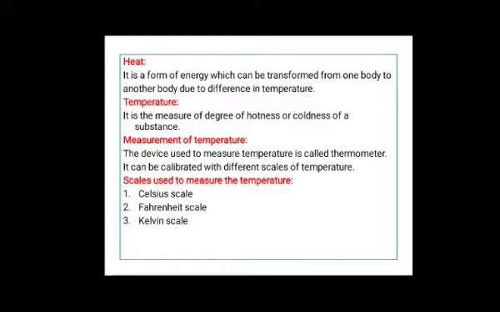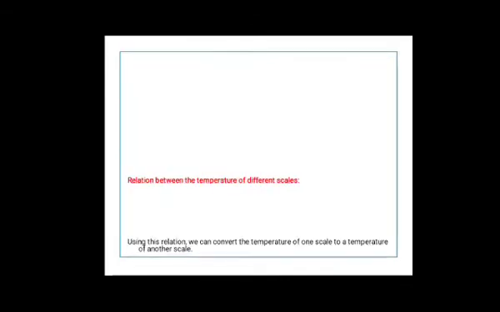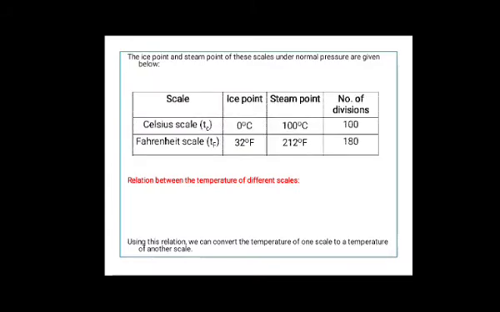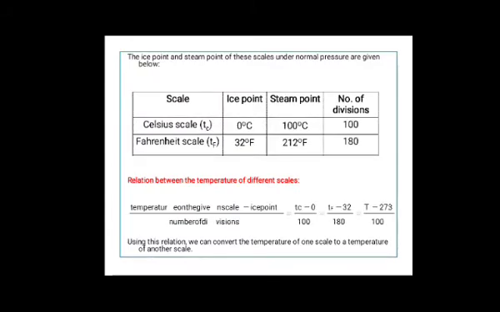The ice points and the steam points are usually used to set a particular scale. So in this table we can see very clearly about the Celsius scale and Fahrenheit scale. Celsius scale, its ice point is 0 degree centigrade and steam point is 100 degree centigrade.